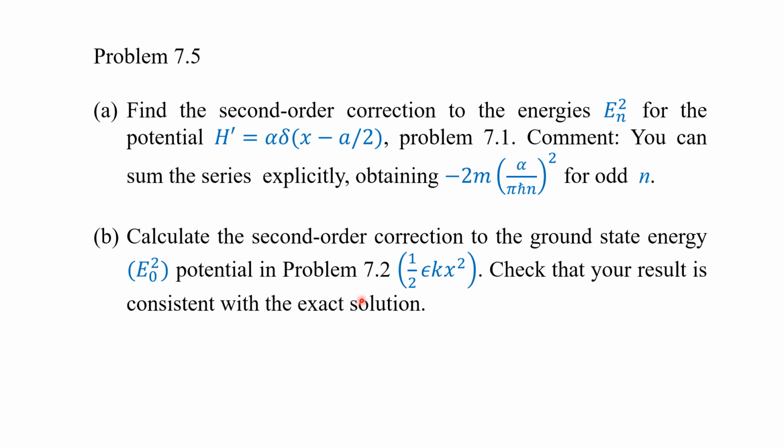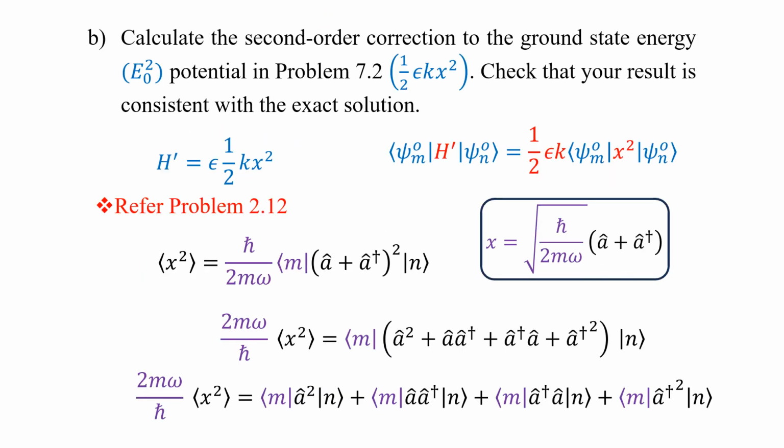That is our question. Here epsilon is very small, and k is equal to m omega squared. We will see the solution in detail. This is our second part of the problem.